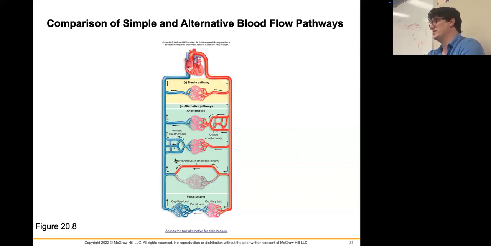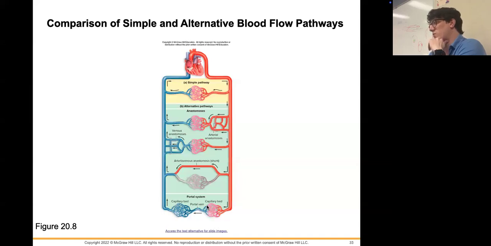Sometimes we'll have these little shunts put in place. Say we have a little bit of a blockage right here. We can simply shunt the blood across it, just send it around it as one option. So we can sometimes build our own little shunts in places. Other times you might have what we call a portal system.